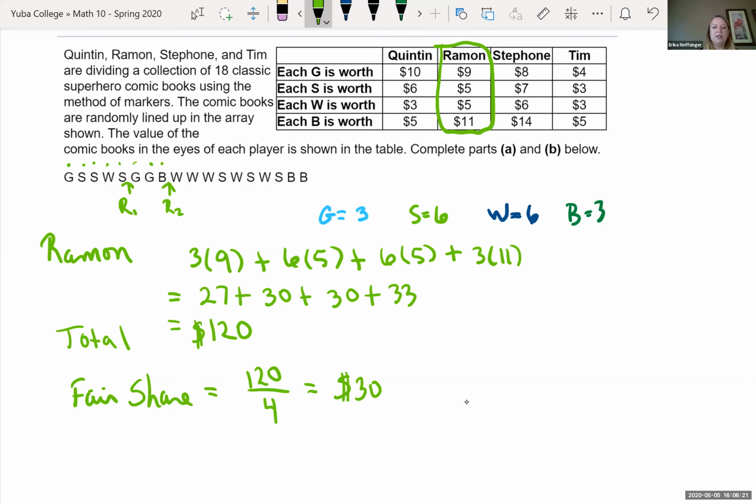And so W, that's $11. No, that was $5. So we have 5 plus 5 plus 5, those 3 W's together. That's $15. Then we have an S, which is $5. So we're up to 20. A W is worth $5. So we're up to 25.